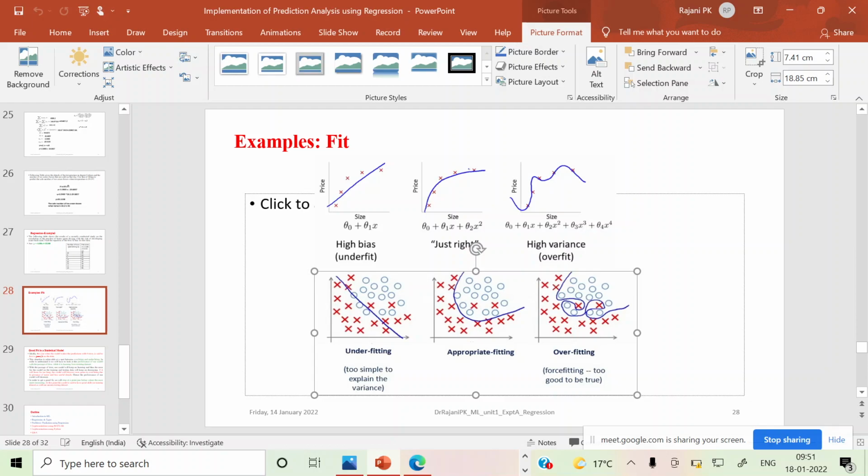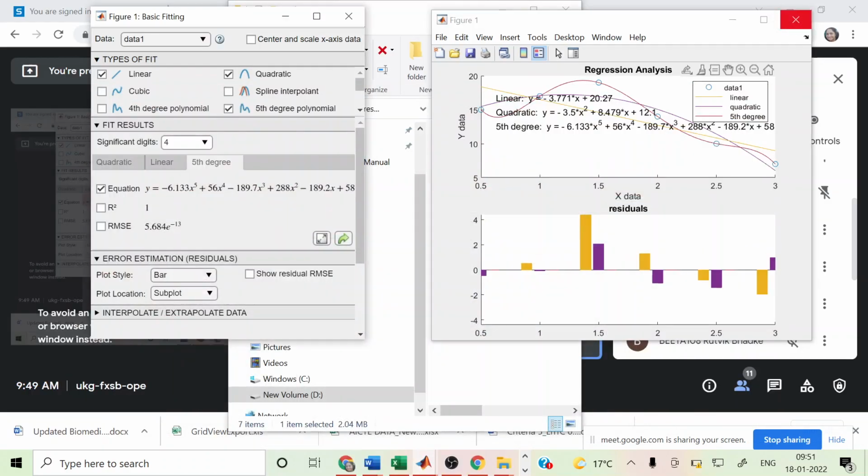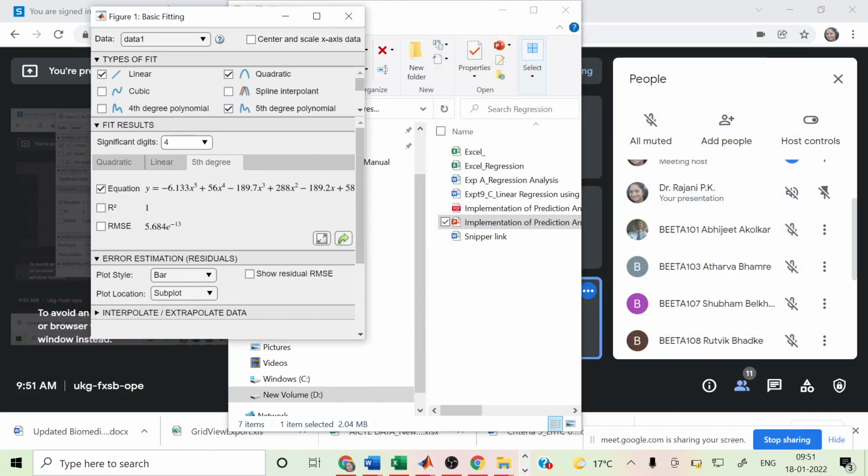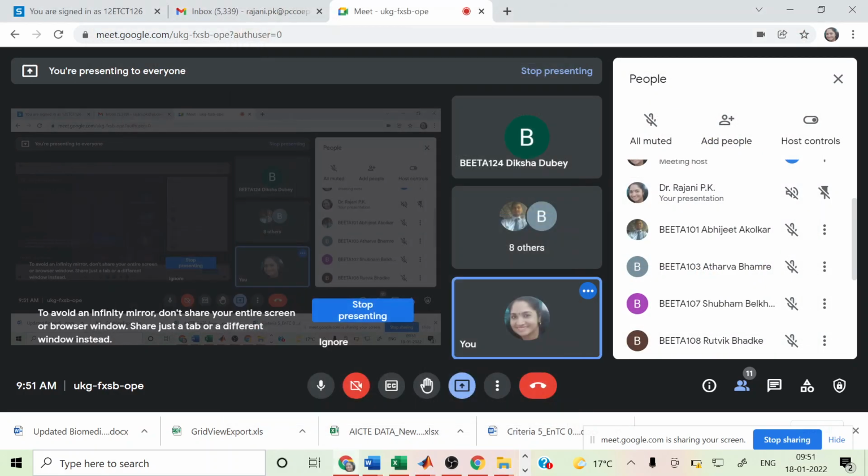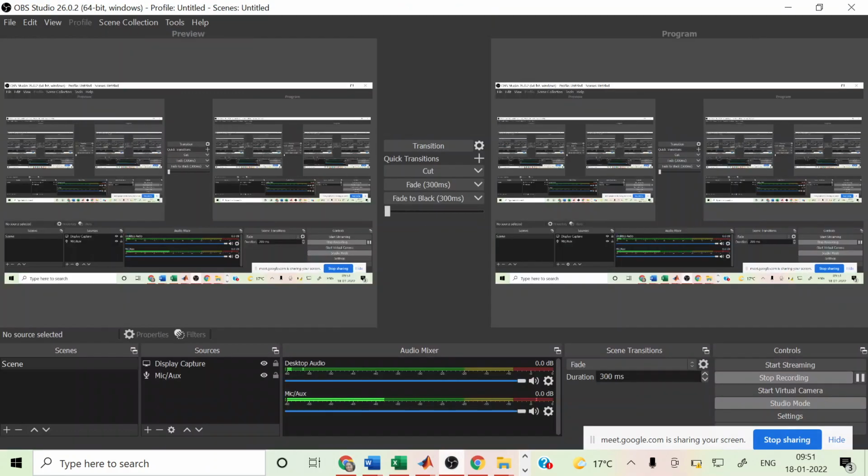Underfitting is when the model is too simple, and many times there is more variation or error, so we will not accept underfitting. That's all from my side. Any other thing you would like to understand, or if you have any doubt, please let me know. Does anyone have a doubt? If not, I'm going to stop this recording.